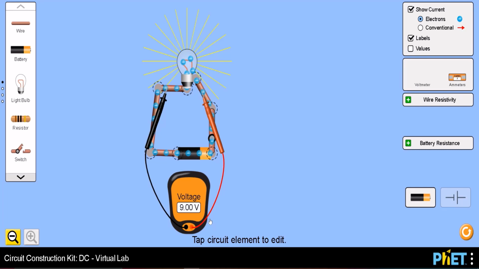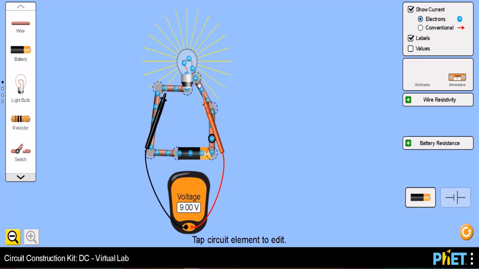Voltmeter always needs to be joined in parallel, and the connections which I have shown you are parallel connection. That means one end of the voltmeter is joined at one terminal of the bulb, and the other end is connected to the second end of the bulb. Now this end of the bulb is joined with the positive end of the cell.